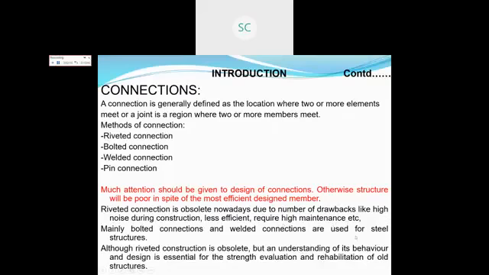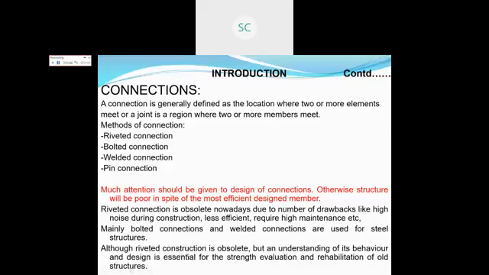There are many drawbacks with the riveted connection, and at present we are not using it anywhere, particularly for limit state design. So, what connections are we using now? Mainly bolted connections and welded connections are used for steel structures.